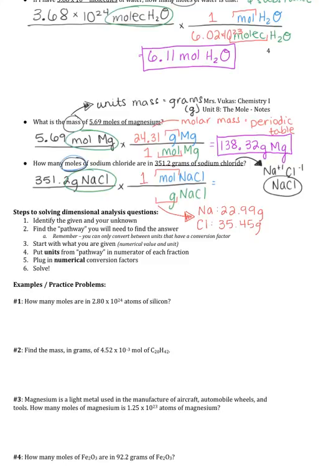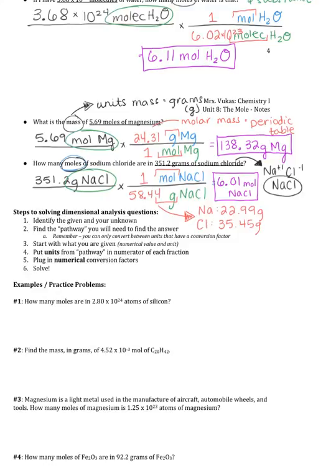So now we're going to add those together to get the molar mass of the whole compound NaCl, and get 58.44. Once you have all of that, you're going to do 351.2 divided by 58.44 to solve. Your final answer for this should be 6.01 moles of NaCl.